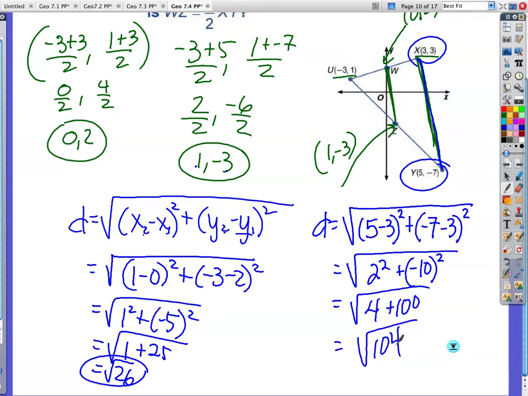Ooh. If I take that, divide it by 2, will that give me square root of 26? I do not believe so. And you can do it on your calculator if you want. If I take the square root of 104, I get 10.2-ish.